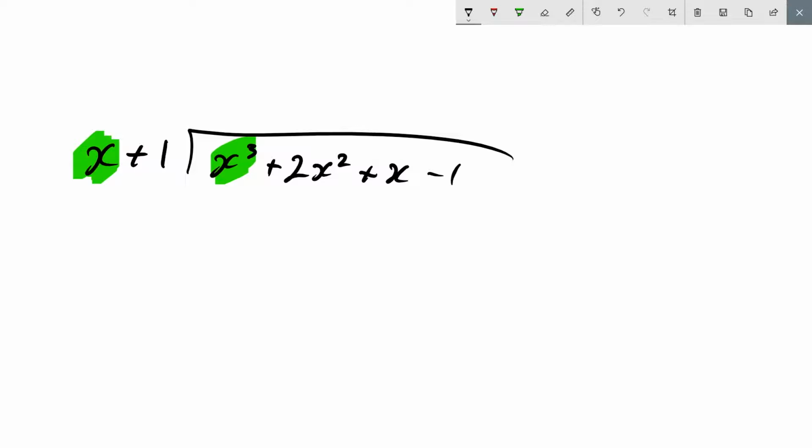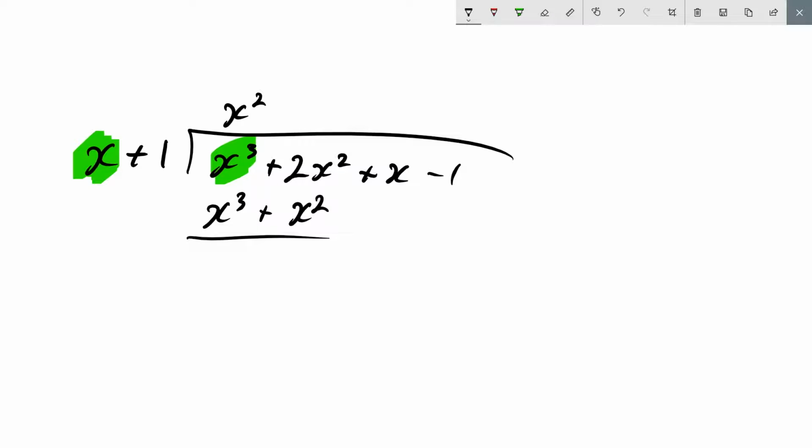So what I always want to do is find some number to times x so I can cancel out x cubed. So in this case, it's going to be x squared. So if I put x squared at the top, and then I times by x squared, I will get x to the 3, but I also have this plus 1 here as well, so I have to times that as well, plus x squared.